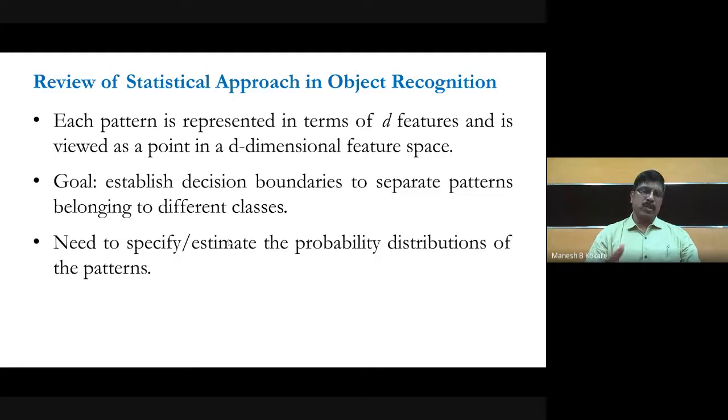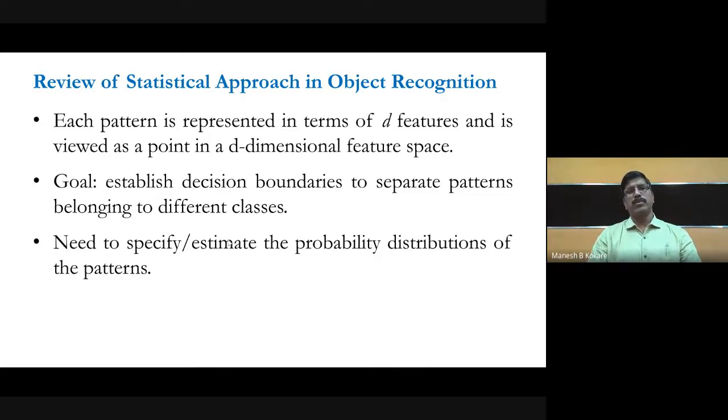As I told you in earlier classes, for a two-dimensional feature space, a single line is sufficient to partition the feature space into classes. If it is three-dimensional, a plane will separate the feature space into different classes. And if it is an n-dimensional or d-dimensional feature space, then you have to use a hyperplane to separate the feature space into classes.